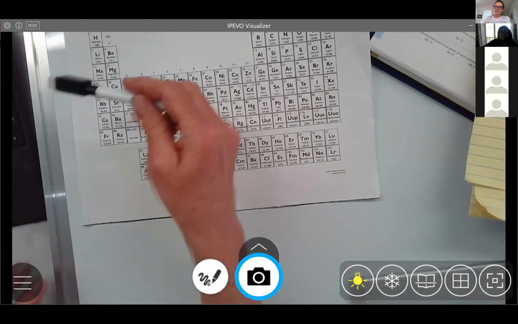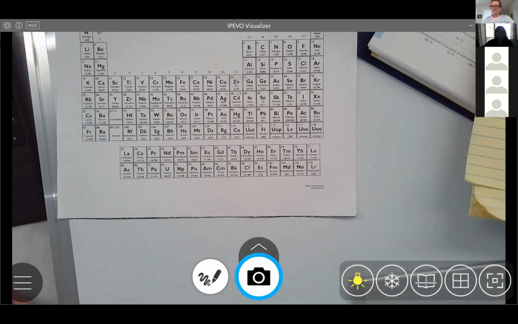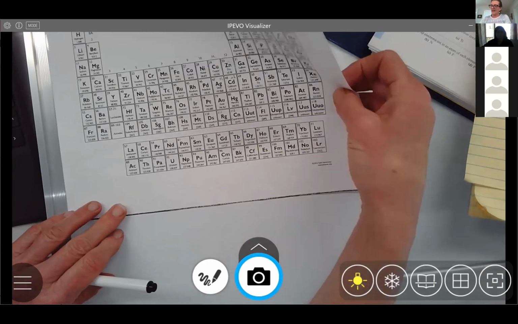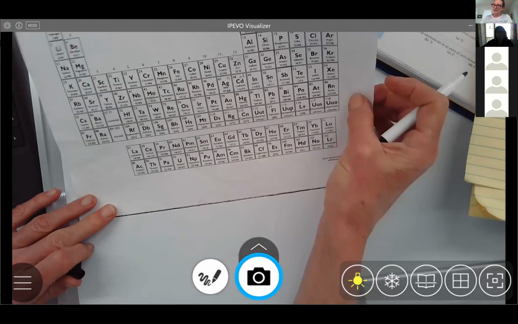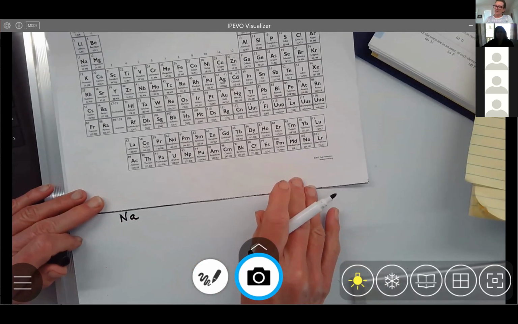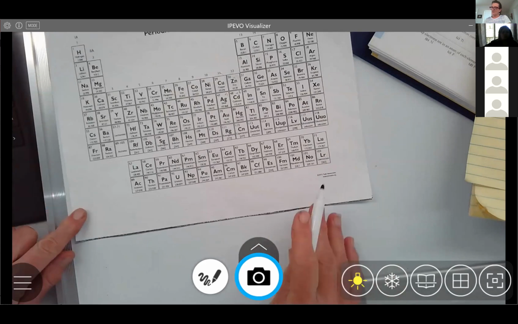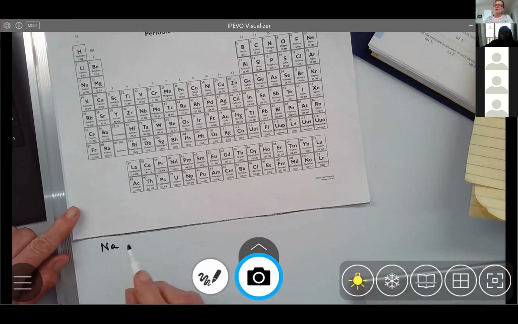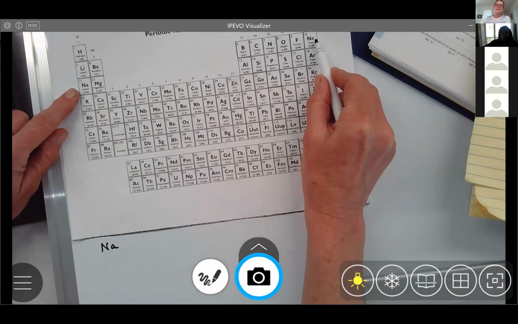So group 1 is this first column here, and they all have the same last electron subshell, the same last electron added. If we look at sodium's electron configuration, we can abbreviate using the previous row noble gas, right?